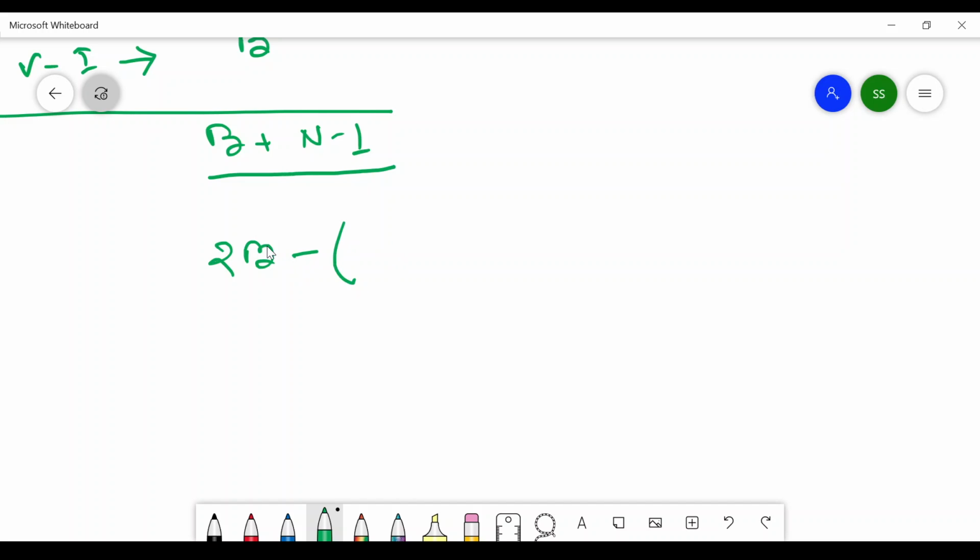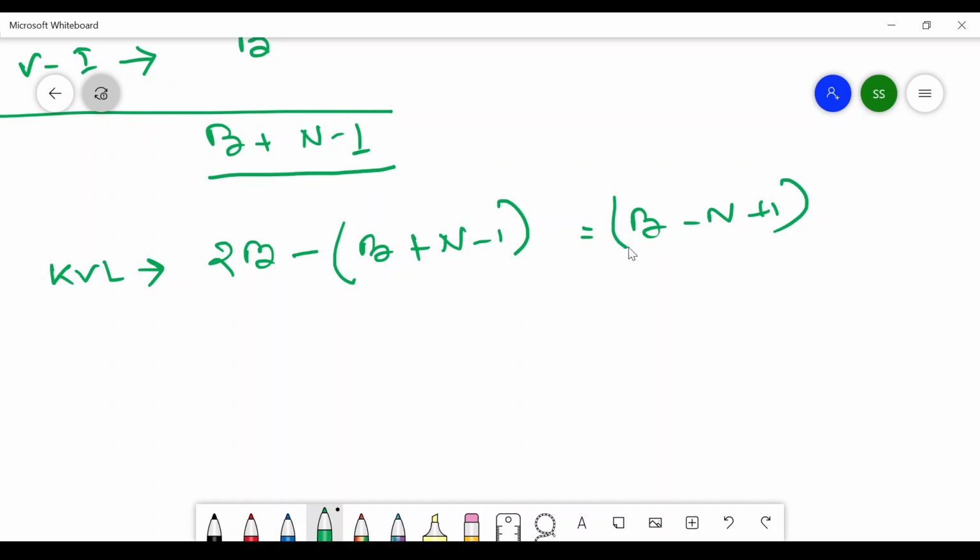So from KVL, the number of equations we need is b minus n plus 1. Okay, so in our example with 8 branches and 4 nodes, 5 equations have to come from KVL.